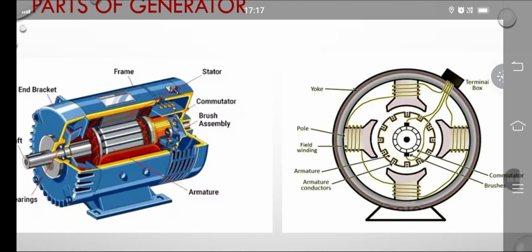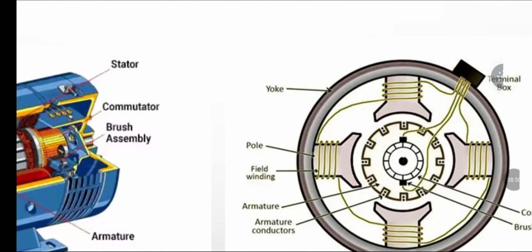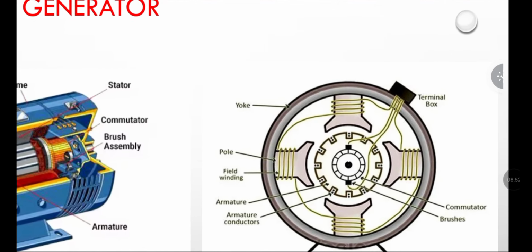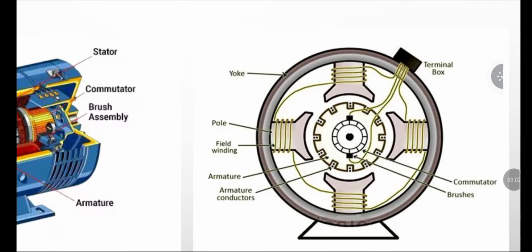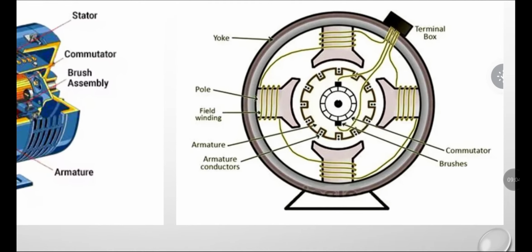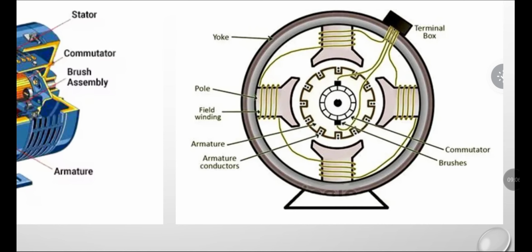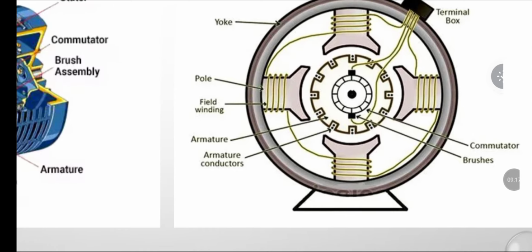Now let me just go through this overview section. This is the same thing, but here if you see, the yoke is a frame. Pole is there, north south poles, but here four poles are used, two are north and two are south. Field winding is there.